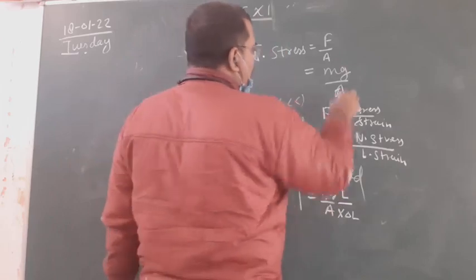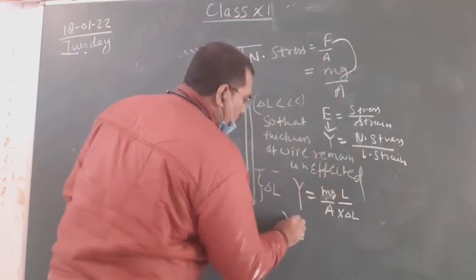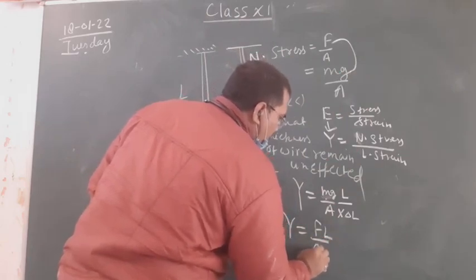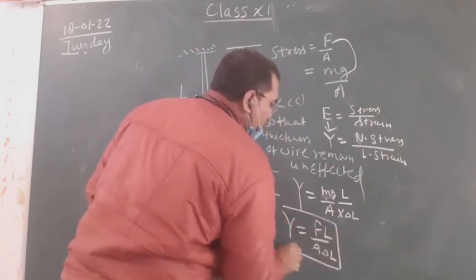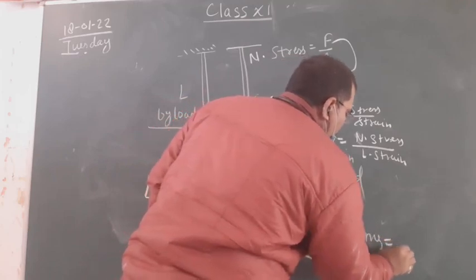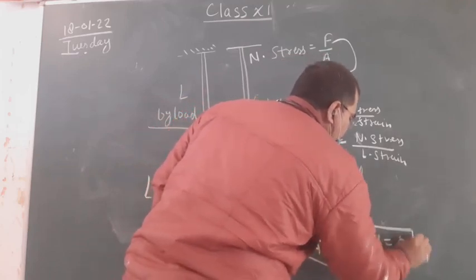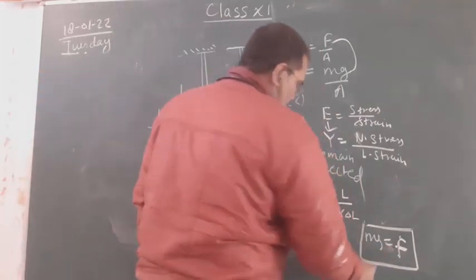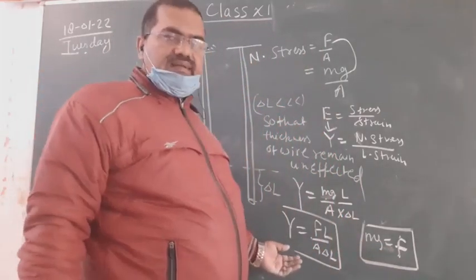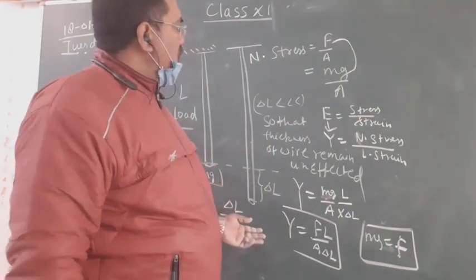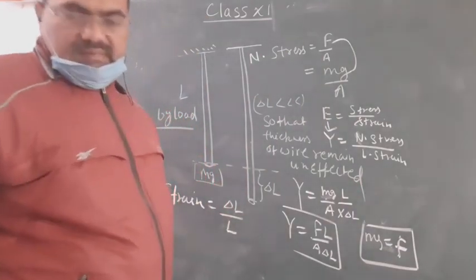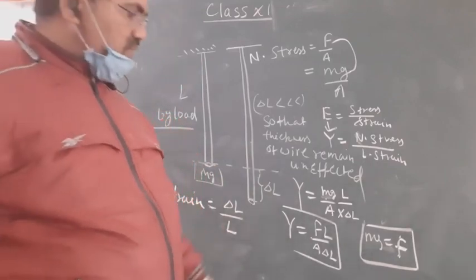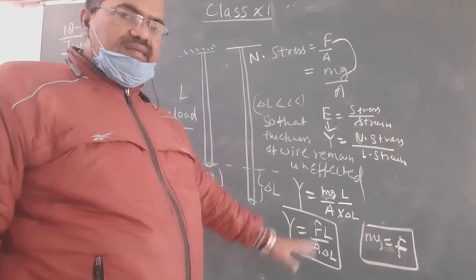You can take mg as F, so Y equals F L upon A delta L, where mg is equivalent to F, the deforming force. So this is the formula for Young's modulus: Y equals F L by A delta L, where F is the load.